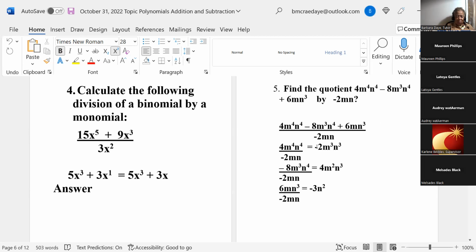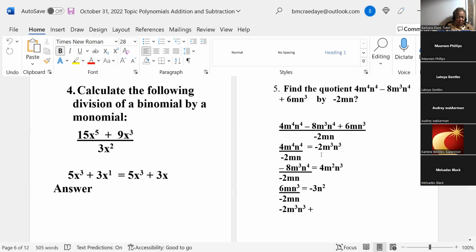All you're doing is just combining what you got when you took the monomials divided by a monomial. So that's minus 2m to the 3rd, n to the 3rd, and then plus, take the next one.